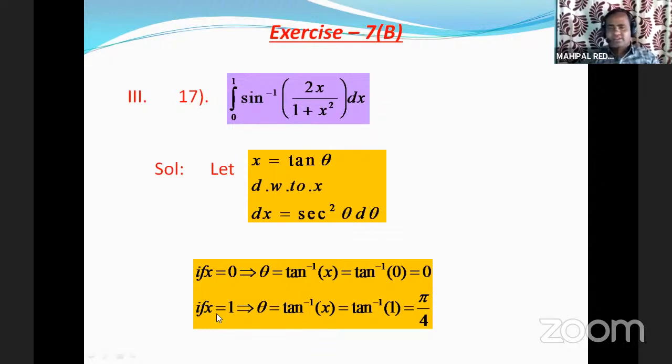And x equals 1, upper limit is 1, this implies theta equals tan inverse of 1, which is pi by 4, as in the previous question. We choose x equals tan theta, and we do the same process: derivative with respect to x, dx equals sec square theta d theta, and we change the lower limit and upper limit as well.